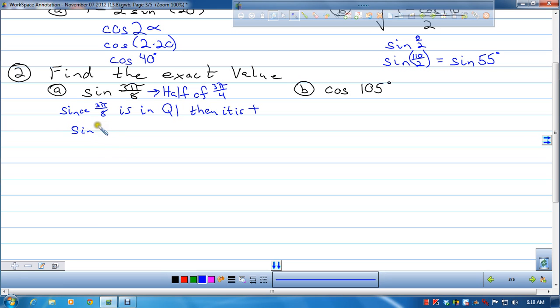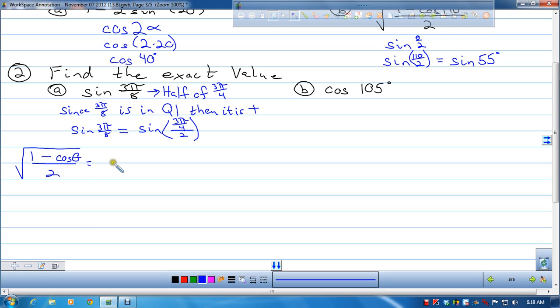So I go down here. The sine of 3 pi over 8 is equivalent to the sine of 3 pi over 4 divided by 2, and 3 pi over 4 is in fact my theta. So when I plug into the formula, remember, the sine half angle formula is the square root of 1 minus the cosine of theta, over 2.